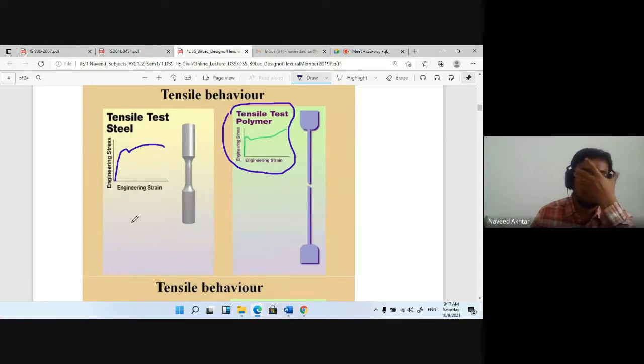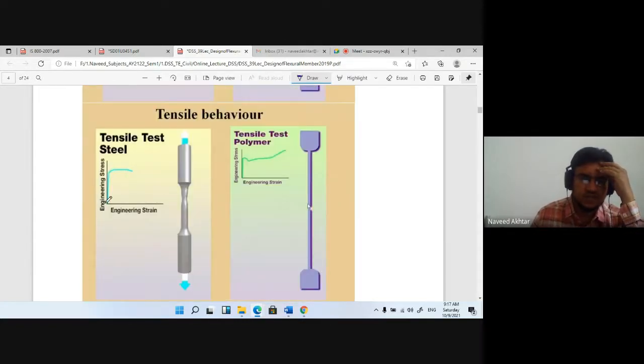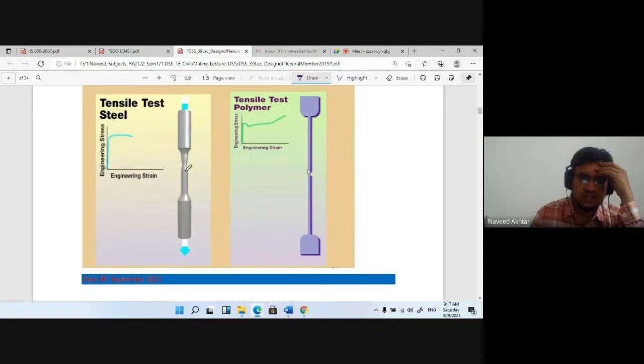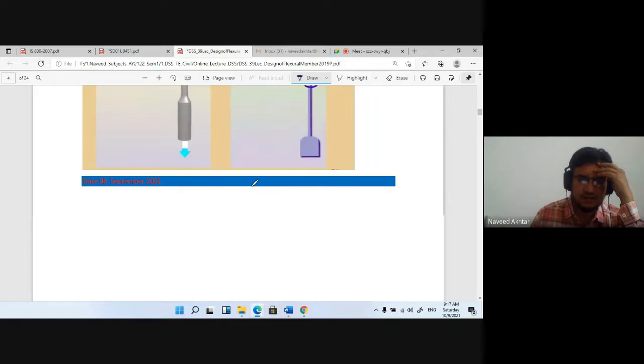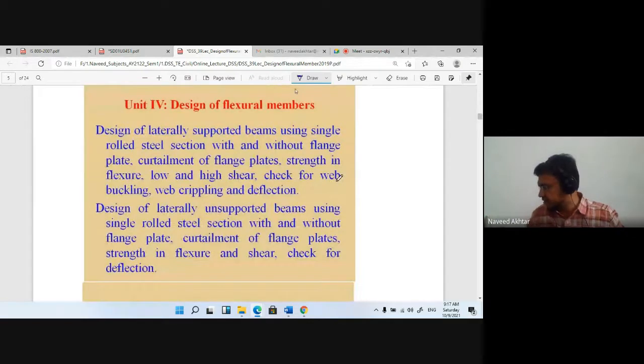FY is the yield stress of the steel, FU is the ultimate stress of the steel. You can see the behavior. There is neck formation in steel because steel is a ductile material. But in case of polymer or other material, it will not be seen. So you can see that before failure, the neck formation is there while you are going for design of tension members.